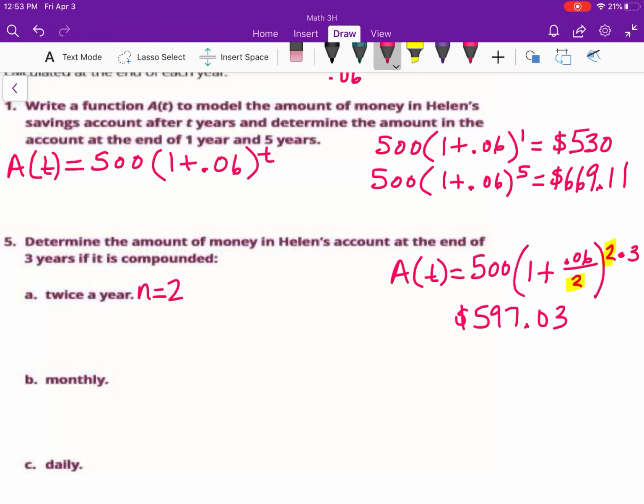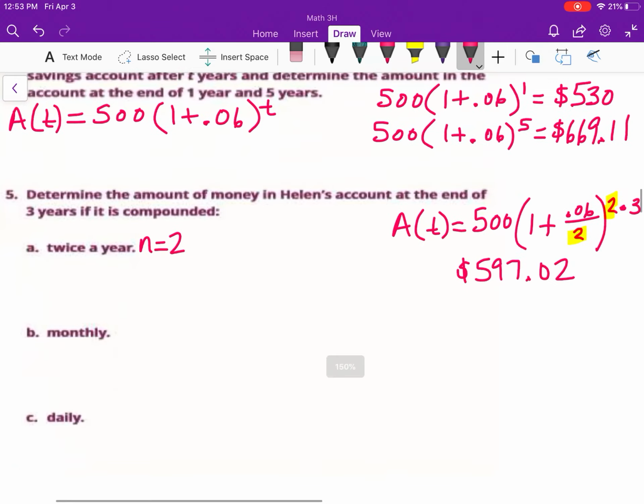You get 597. Oh, they do round and they're not supposed to. Man, am I glad I double checked this. It's actually 597.026, and banks do not round up. It's 0.02. So I was using the book to just give me the answers quicker, and it was wrong.